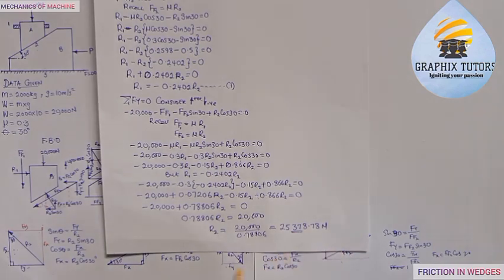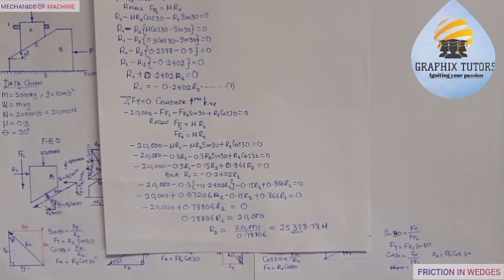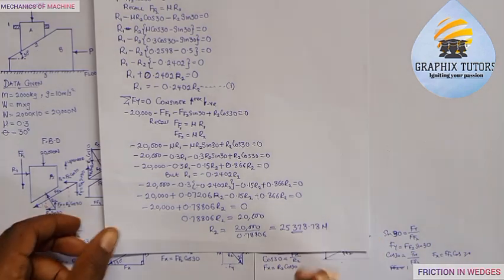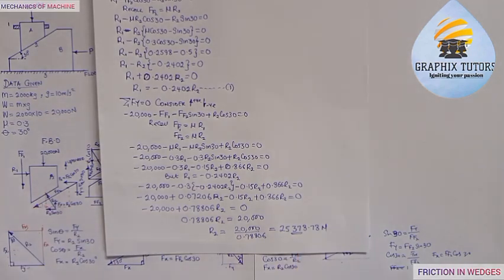So that is the reaction R2, right? Now we're done for that R2. Now we'll move forward. We've gotten R2 to be 20,000 divided by 0.78806, right?